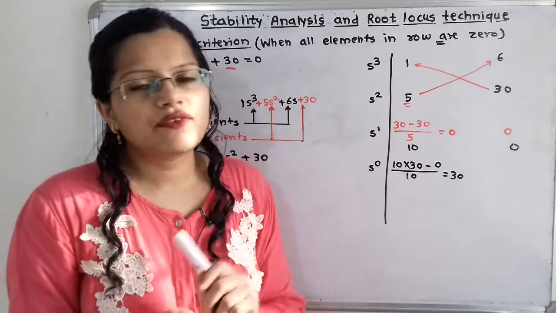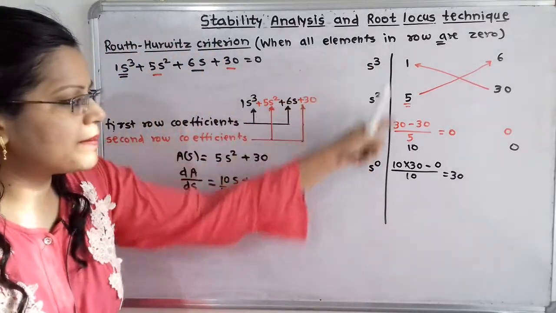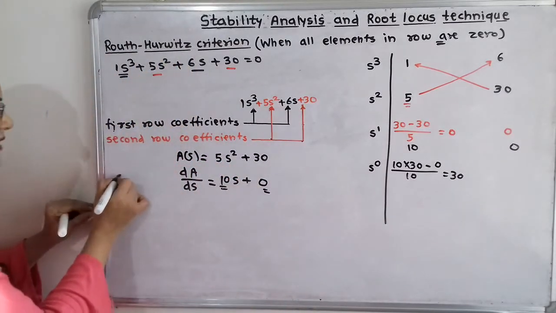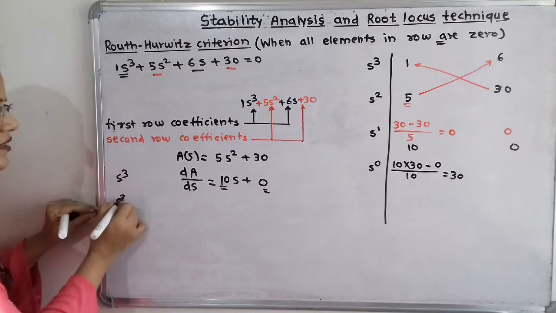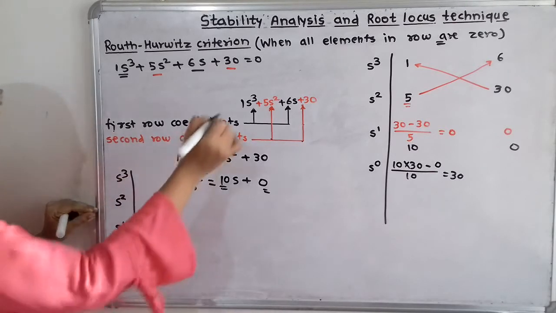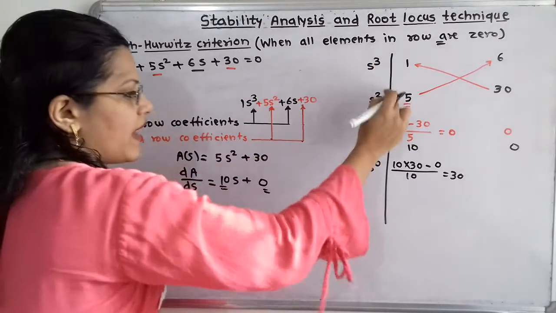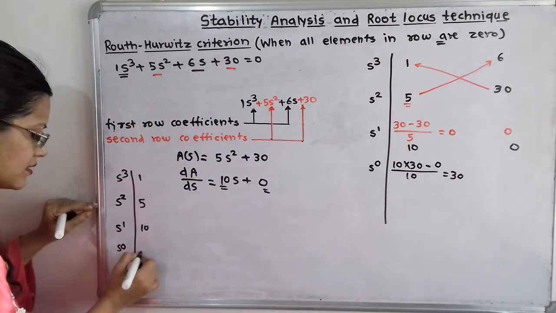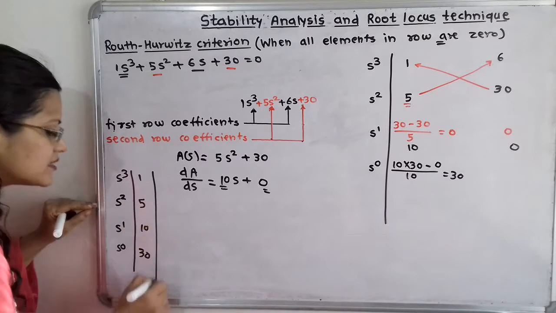So first we will consider all the elements in the first column. I will rewrite this: s cube, s square, s raised to 1, s raised to 0. The elements are 1, 5, 10, 30. Now we will consider the sign.